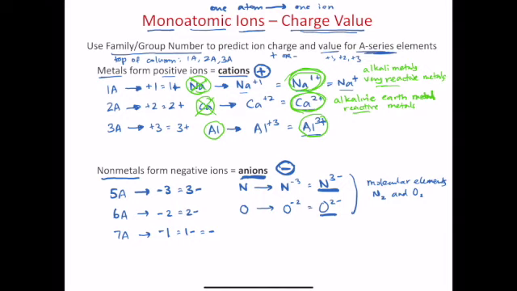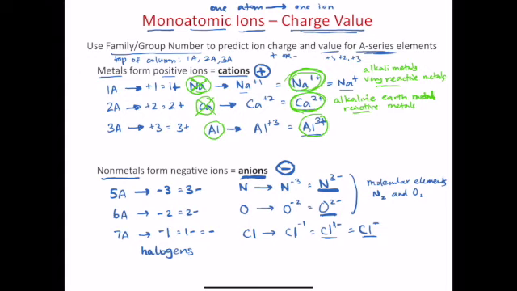In family 7A, these are the halogens, that's the family name. And so we have chlorine in that family. So chlorine forms the -1 or 1-, or just Cl-. You'll see me write it like this, and this is the 1-. They're all equivalent.